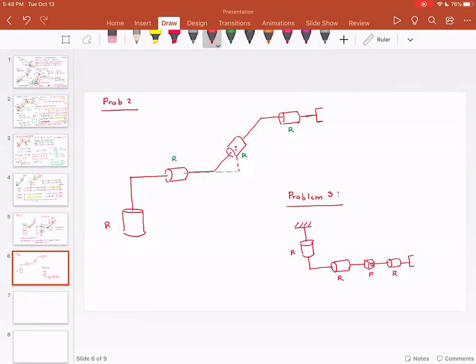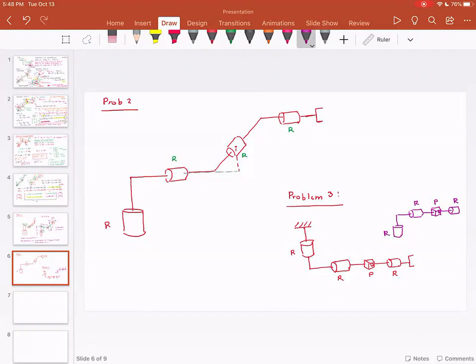Now, nobody has stopped you from constructing this robot like this. This is the same robot, and this is similar to the problem that we have worked out in the class.